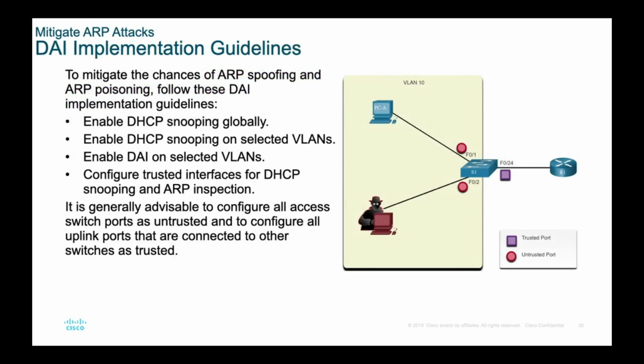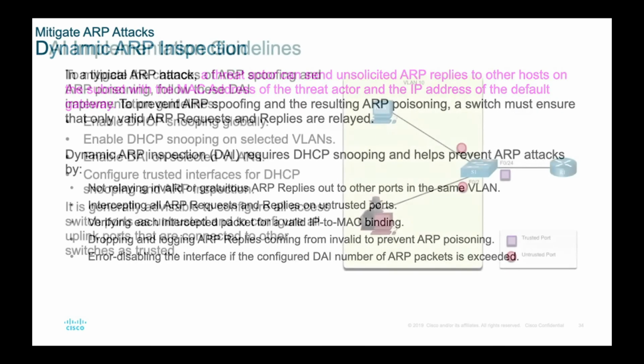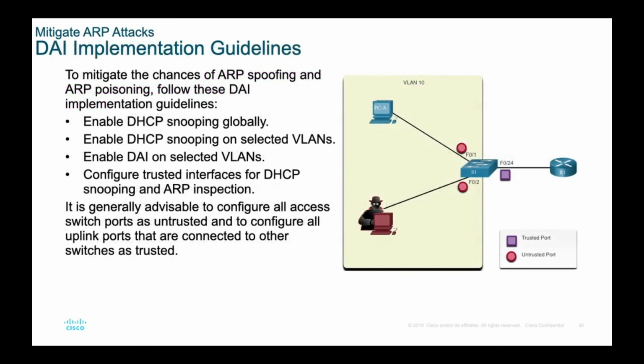So in order to do ARP inspection, we must configure DHCP snooping like before, globally, and then put a trust on the port that is connected to our device, and then enable DHCP snooping on each interface and each VLAN, and then we enable dynamic ARP inspection on all the ports.